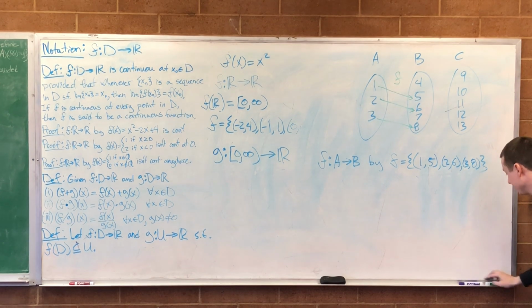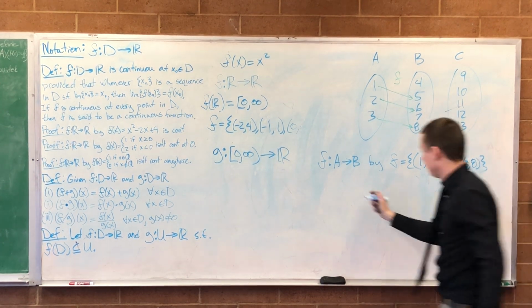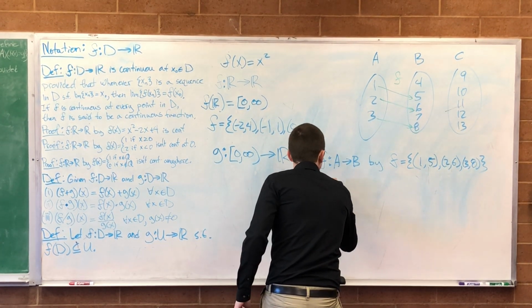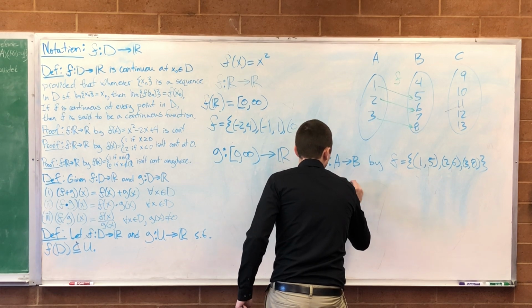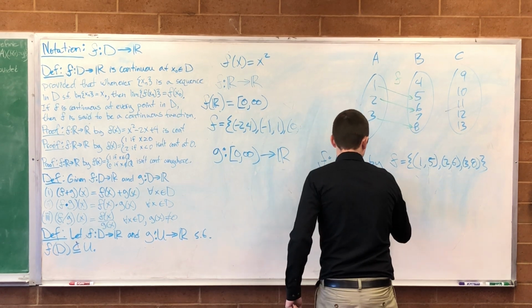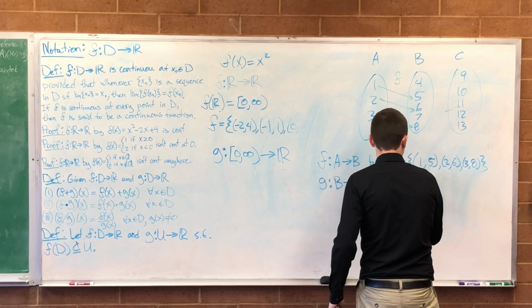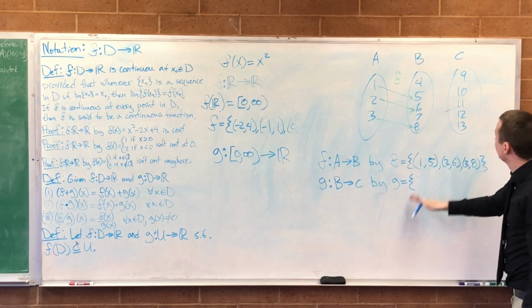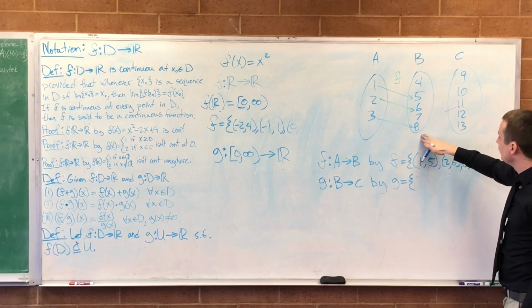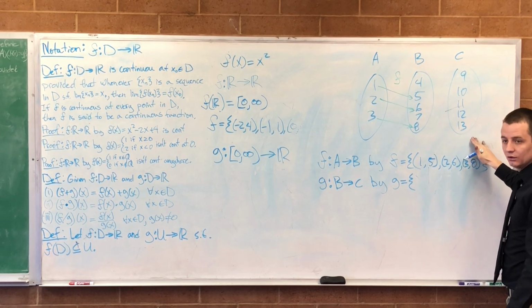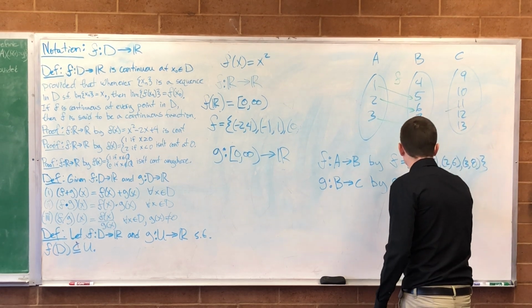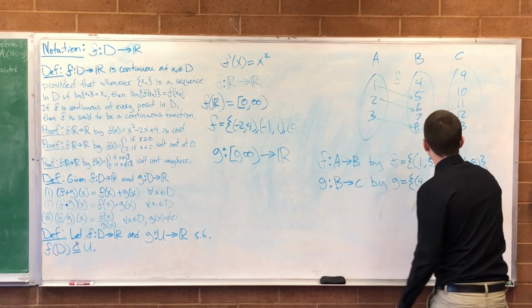Good so far? Alright, and then we'll make a second function, g. G will make a function from B to C by g is equal to. Now, if g is a function from B to C, it has to map everything in B to something in C. So I'll map 4 to what? 10.